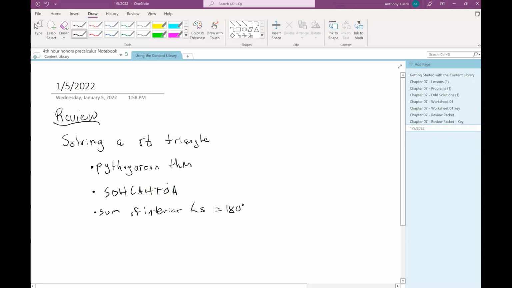And remember that SOHCAHTOA is an acronym, right? It's just the right triangle definitions for sine, cosine, and tangent. So these two are for right triangles only. This one we can use for any triangles, right?